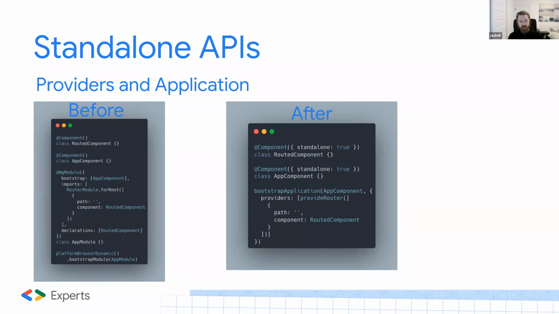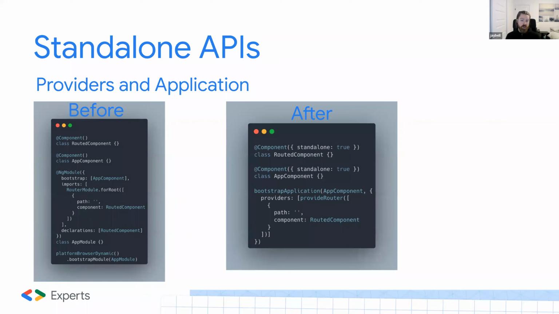What this means is that everything included in the router module, and there's a huge amount of features in the router module, like debug logs and different hash location strategies and all these different things for managing websites and navigation, comes along. That means that the Angular compiler can't tree shake that stuff out because it's part of the router module class. So even if you're not using, say, a different hash location strategy, that still ends up in your final application's bundle because it's all part of the same class.